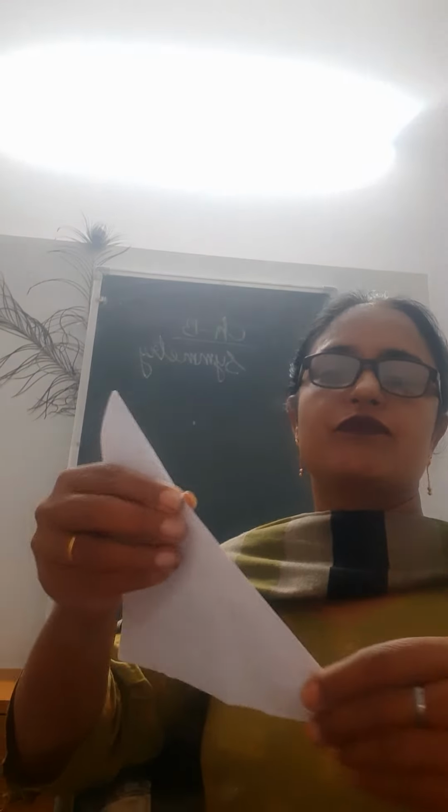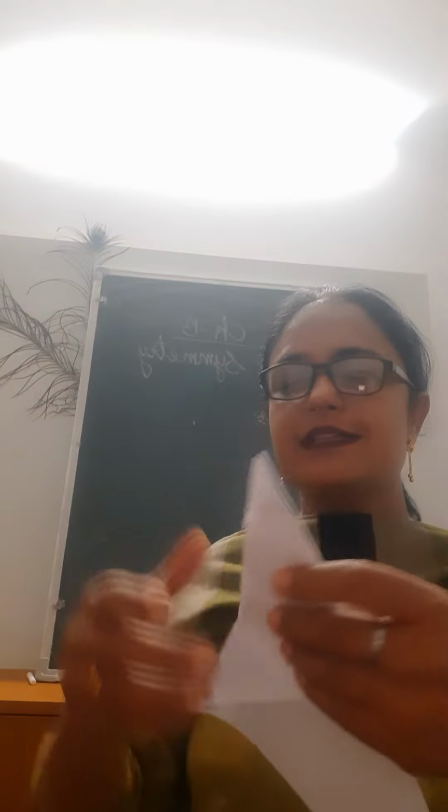Now if we fold from the axis, it will look as if the other side is hidden just below the first one. It means this line is again a line of symmetry.